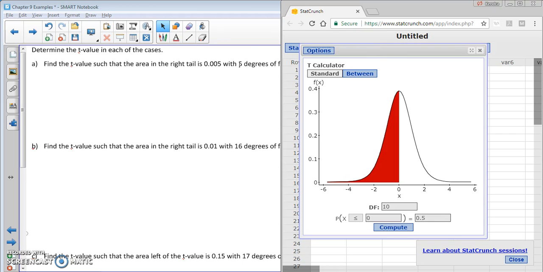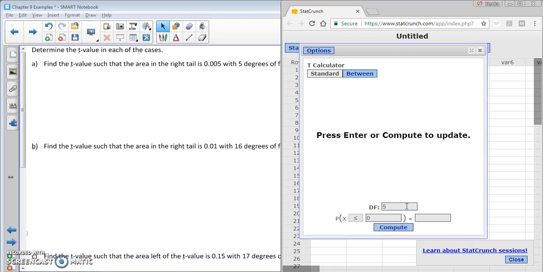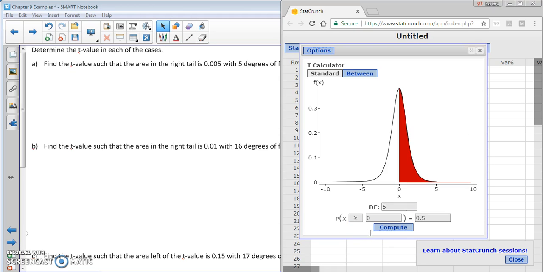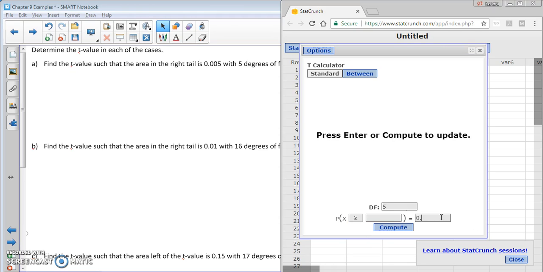So we're going to type these in here. We have 5 degrees of freedom, and with the area in the right tail, we need to make this greater than or equal to. And our area here is 0.005. And I'm going to snip this here.